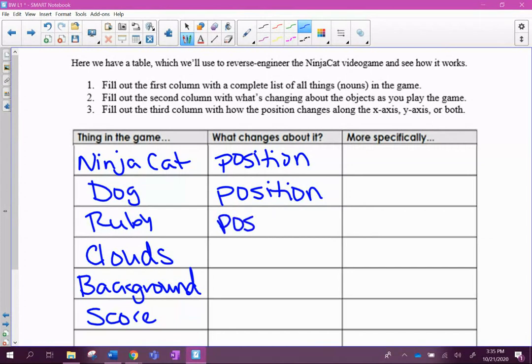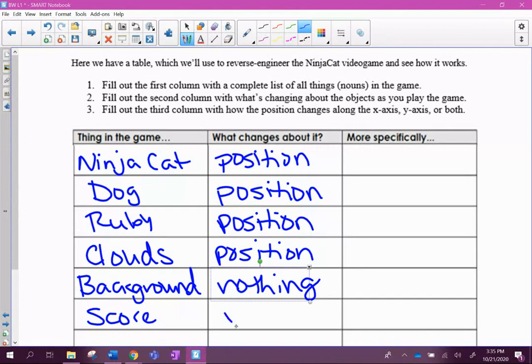It wasn't in a fixed spot the whole time. Same thing with the clouds. Okay? But that background image, the red scene, didn't change anything. It stayed the same. Right? And then our score changed the value. It went up every time I got a ruby.